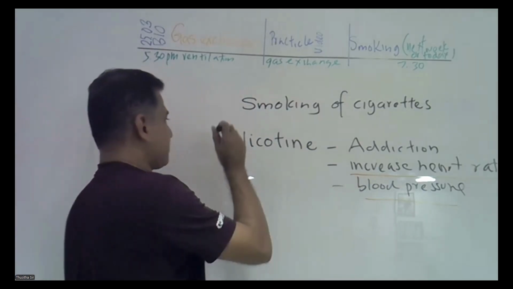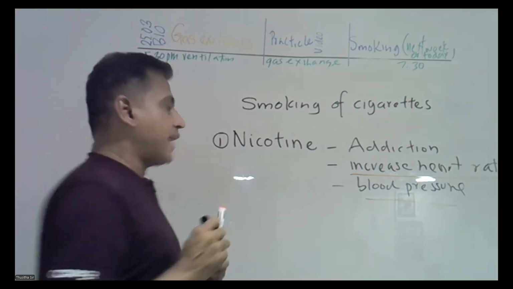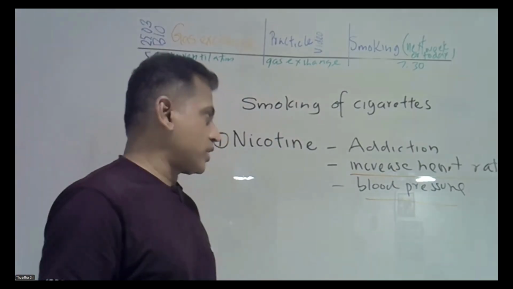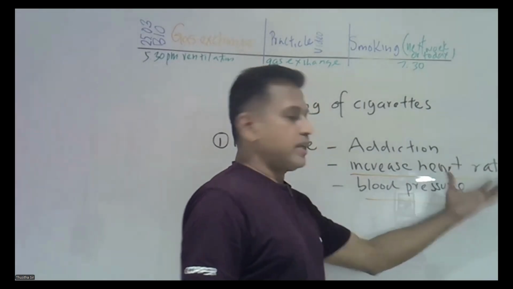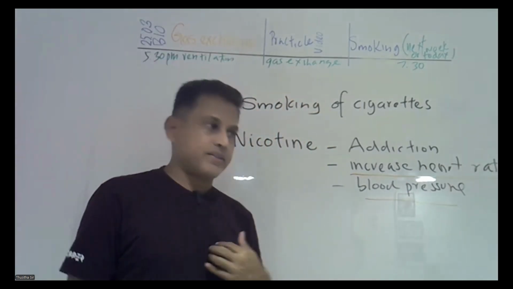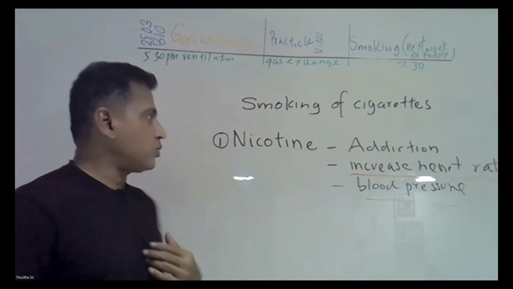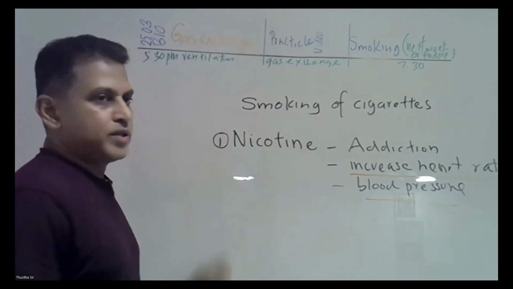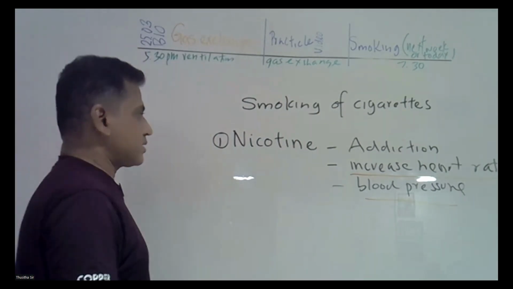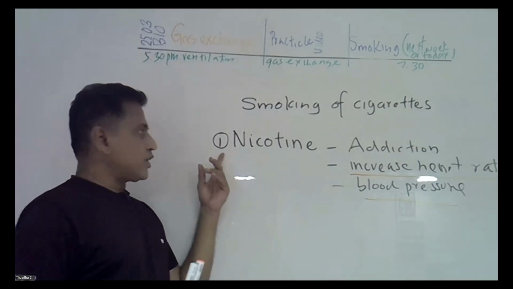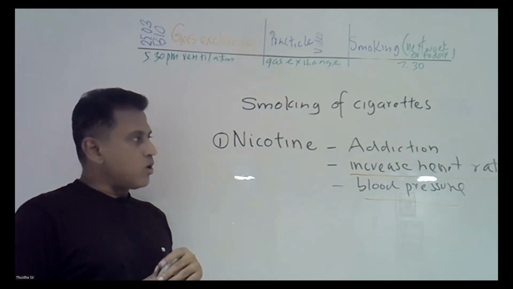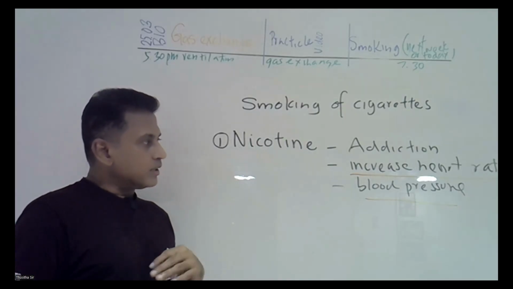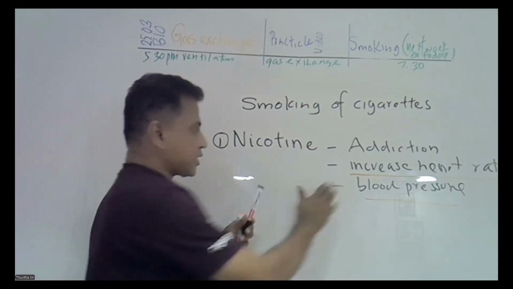Nicotine is the first chemical that causes harm to our body. When people start to smoke, they develop things like heart attacks, right? We just list a few important chemicals in the cigarettes. So the first one, you write nicotine. Nicotine causes addiction, increases heart rate, increases blood pressure.